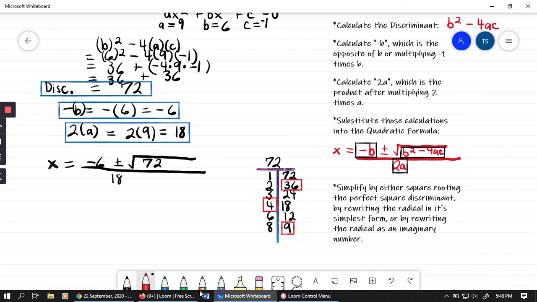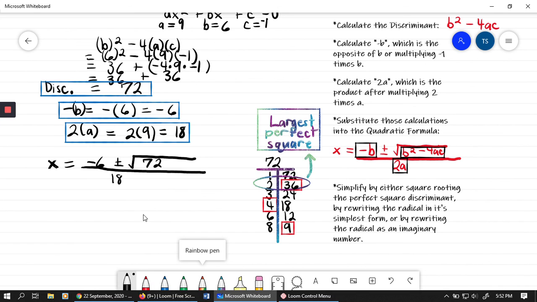So we want to use that particular pair. And when we rewrite it, we want to write out the square root of 72 using those two factors. Okay, so again, we're going to rewrite that radical using both of those factors.